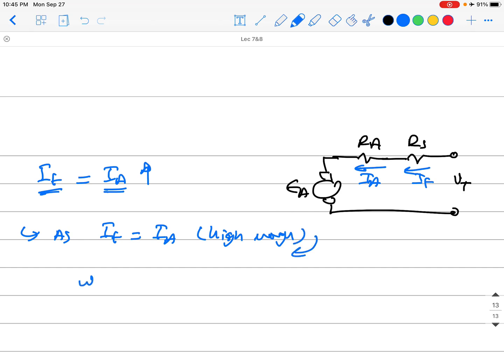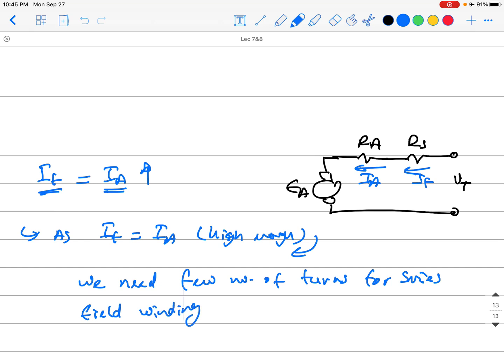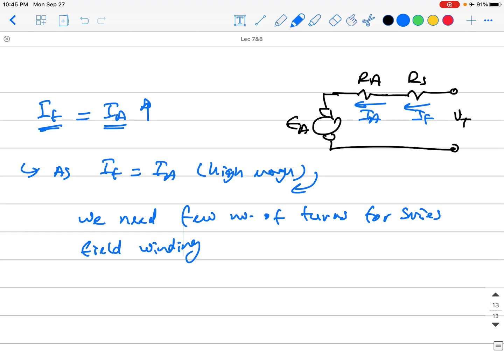we need a few number of turns for the series field winding, because remember we said that the amount of flux we need to create with this field winding is the number of turns multiplied by the current divided by the reluctance. Because we have high current here, we will need a small number of turns.